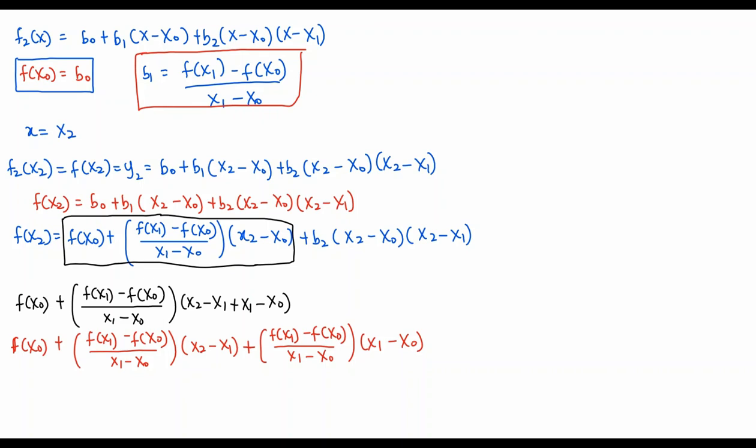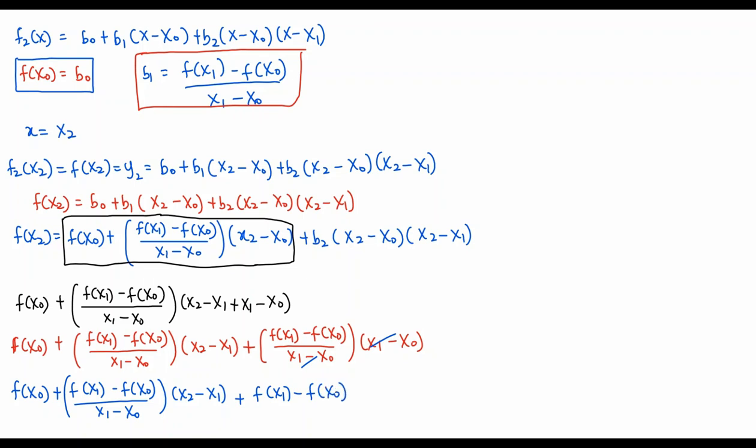So let's see what happens. For this side, you can see that this will cancel out this, right? So at the end, we are just going to have f of x0 plus f of x1 minus f of x0, all divided by x1 minus x0, bracket close, multiplying x2 minus x1, plus f of x1 minus f of x0.